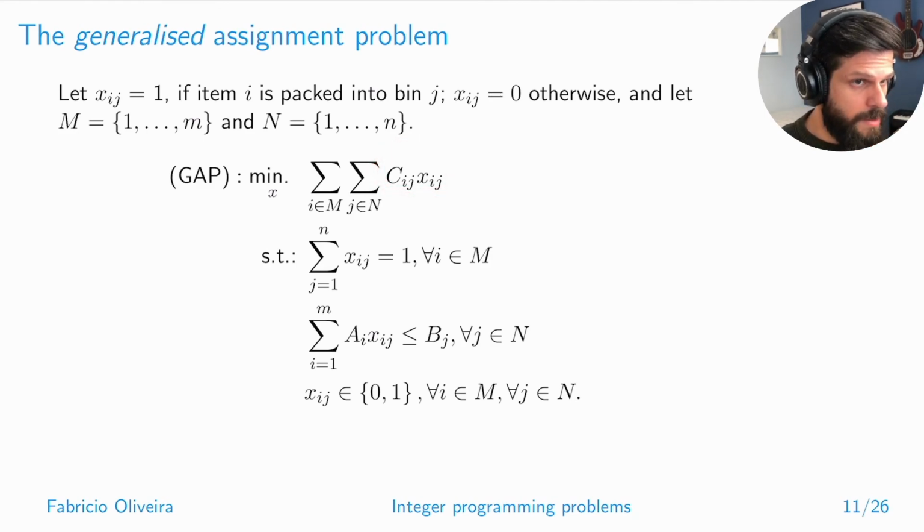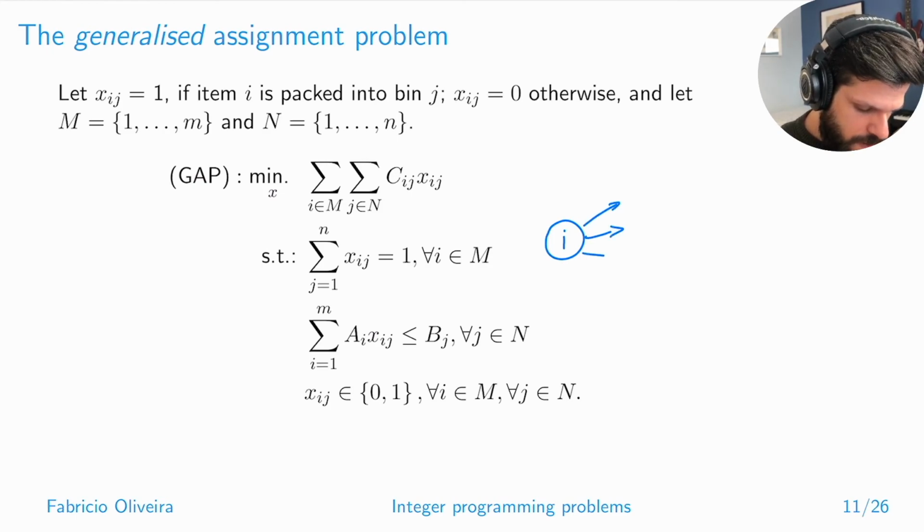It doesn't really matter in this case, it can be either way. So the main constraint here says that all items have to be assigned to one bin. This relates to that picture we drew before, where I had a node i, and I'm thinking about all possible bins that I can assign it to, and it is assigned to one of them.